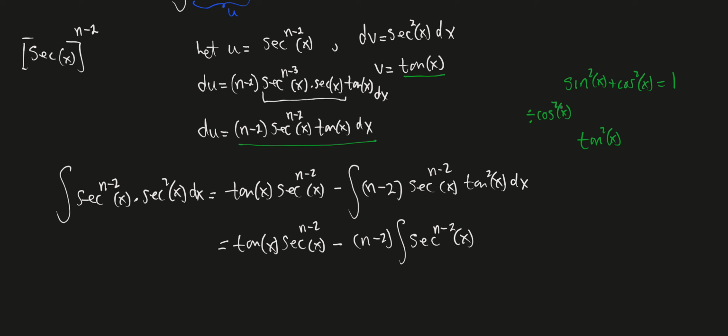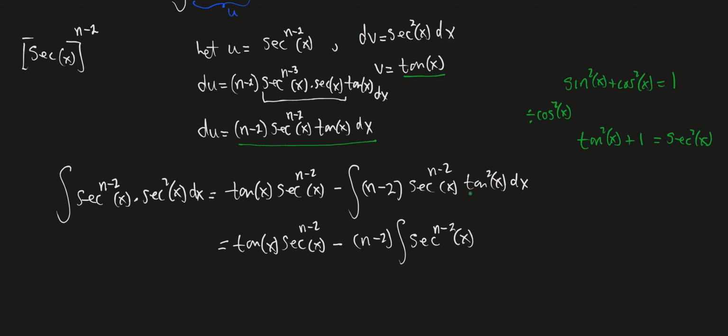Cosine squared divided by cosine squared is 1. And 1 divided by cosine squared is secant squared. So actually, since I have everything in terms of secant on this side, I'm going to try to do the same and get this side in terms of secant as well.